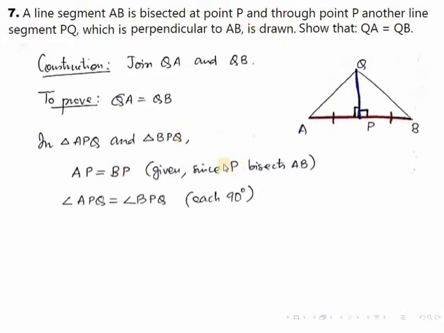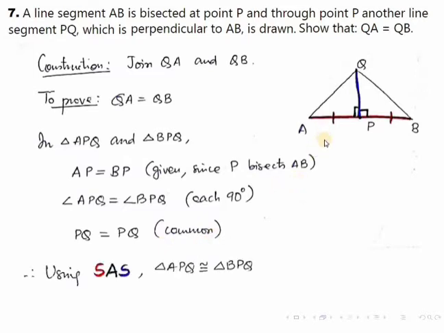Now all of you know that this angle and this angle are also equal because QP is perpendicular. So both of these angles are in fact equal to 90 degrees. And the last part is PQ, the side which is present in both the triangles. That's why I have written common here. So using SAS we say that these two triangles are congruent.